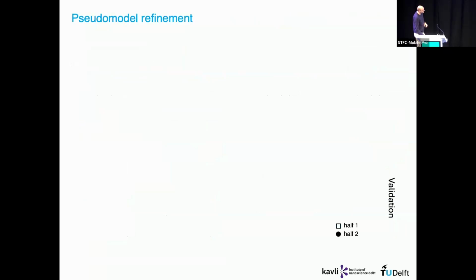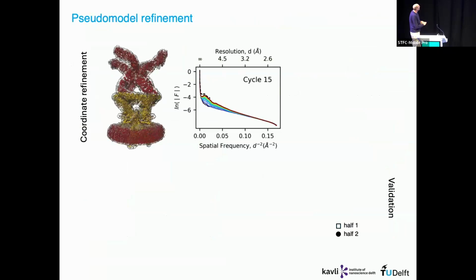So I'm just going to show you quickly what this looks like. Here we see the coordinate refinement of the pseudo model. Initially, the atoms are just randomly placed in that molecular envelope defined by the FDR mask. Then it's using the potential of the map to refine the position of these atoms.